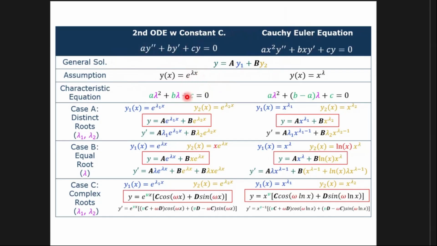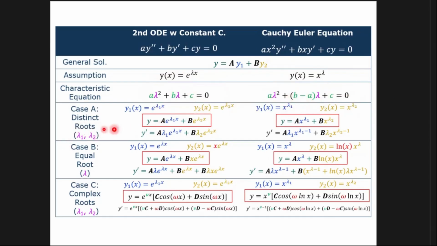So for this case, the assumption is e to the lambda x, and for the Euler-Cauchy equation, the assumption is y equal to x to the power of lambda. Since the y assumptions are different, the characteristic equation will be different. So here is the normal characteristic equation, but for this one, the term here is b minus a.